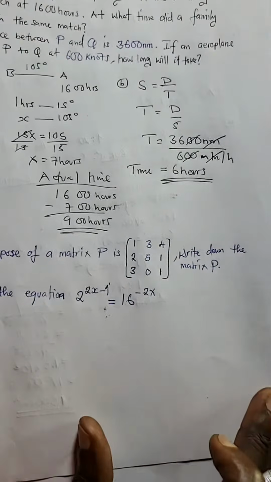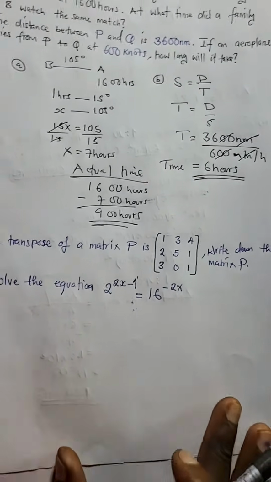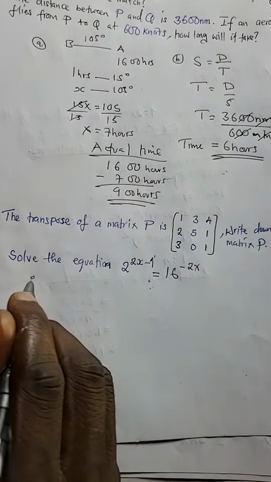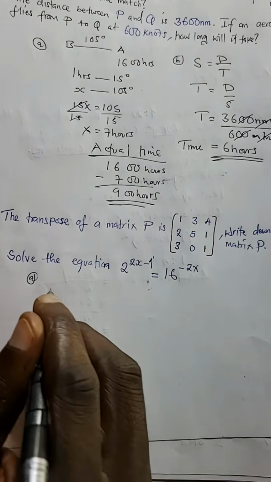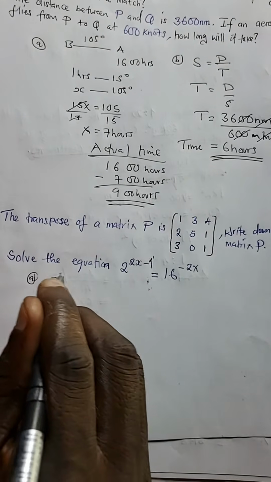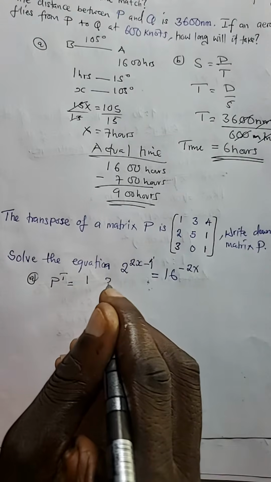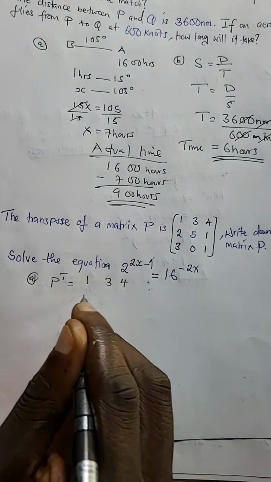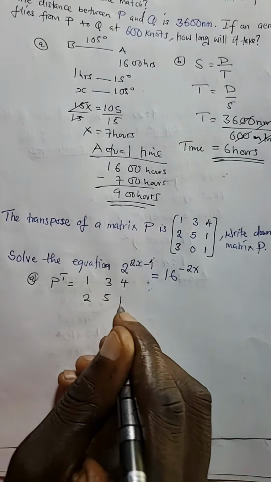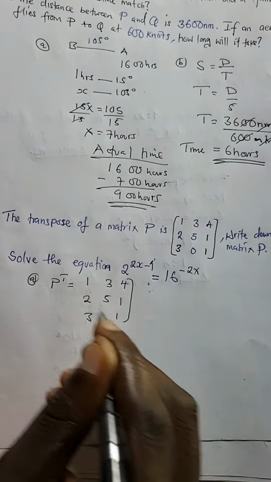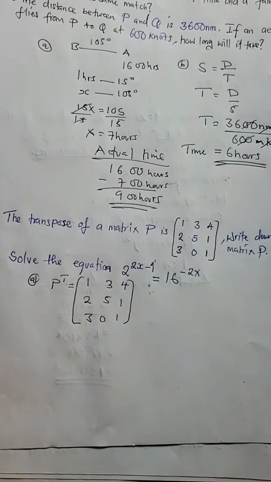Write down the matrix P. This is simple. So 11A, the transpose, which is PT here, is 1 3 4, 2 5 1, 3 0 1. Okay, like this. This is what we're having.